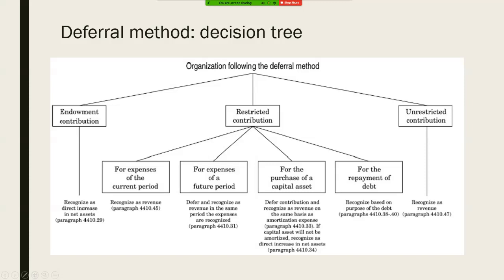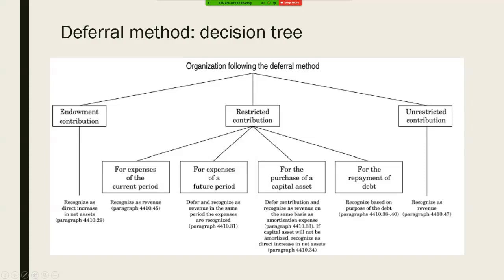If the amount relates to expenses for the current period, rather than first record a deferred contribution liability and then wait for the reverse matching of revenue to expenses, because the amount being received is for expenses of the current period, we recognize the amount as revenue immediately. Now, it could be that the money received is for expenses of a future period.